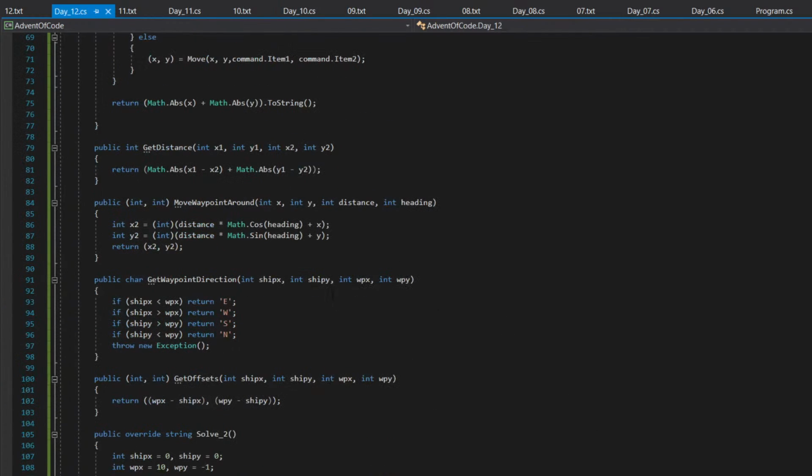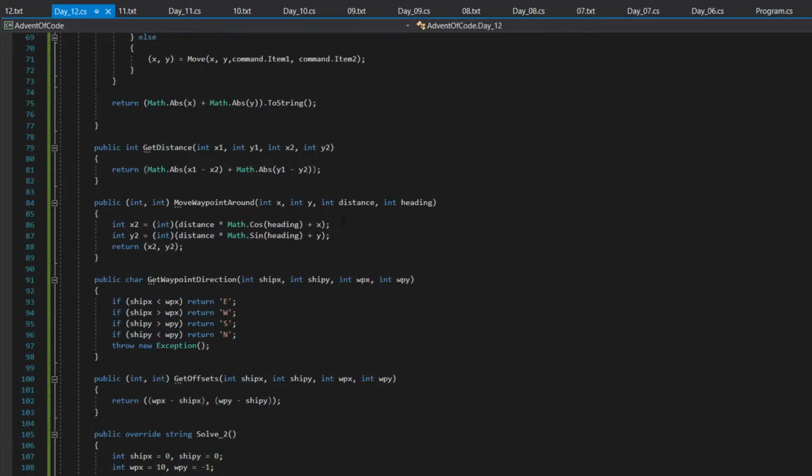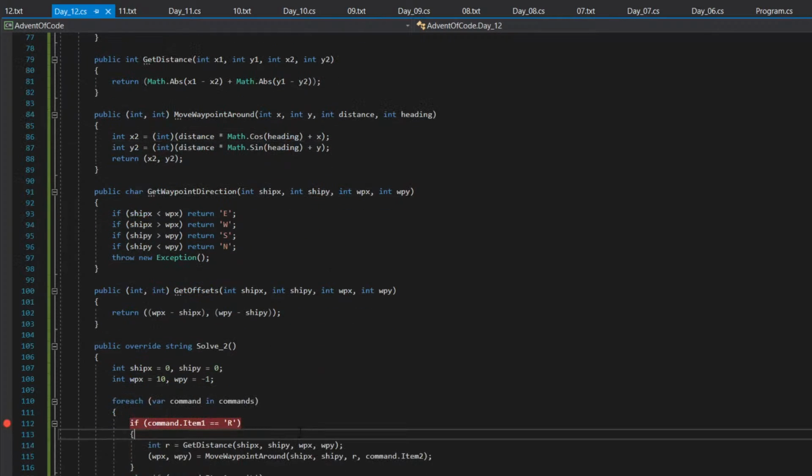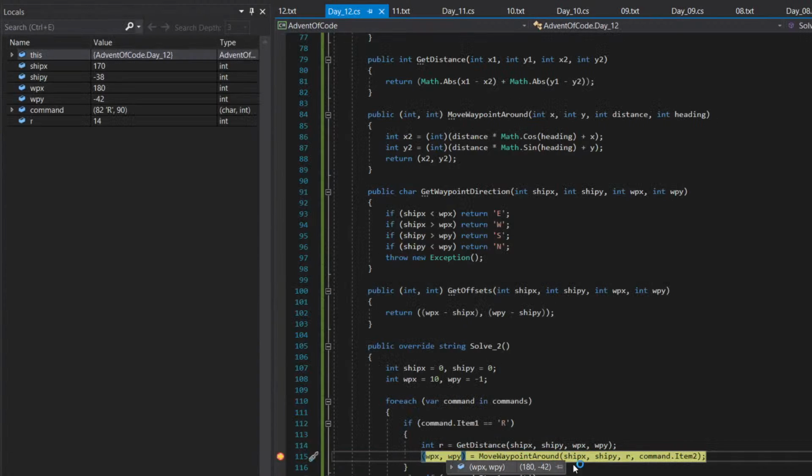Let's look at our rotation again, which was where? Over here. So we're moving to the right, we're moving clockwise. So our heading, oh, what am I doing? Get distance.